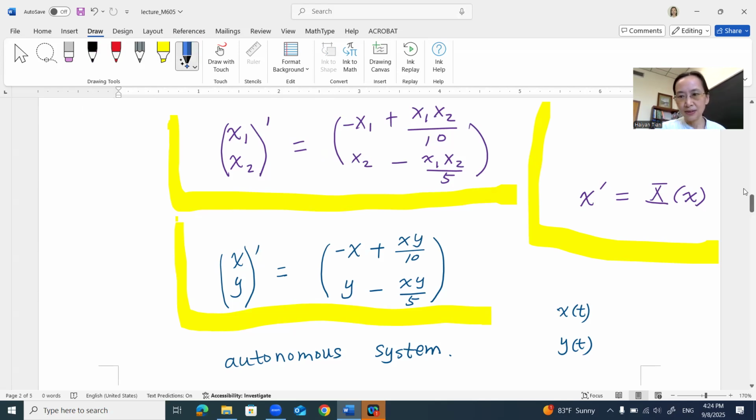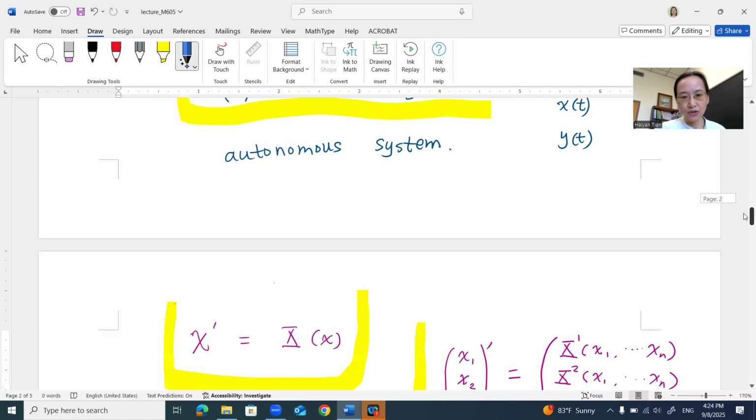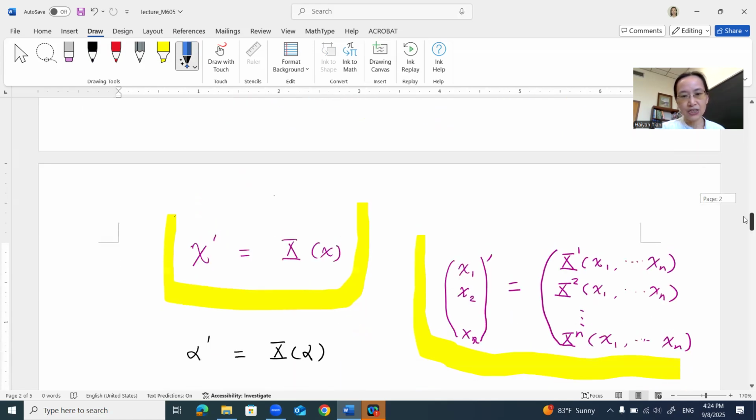So let's quickly look at this notation. If we have n components for this vector, then we have x, the vector which has n components, right? So this x vector has n components, x1, x2, all the way to xn.